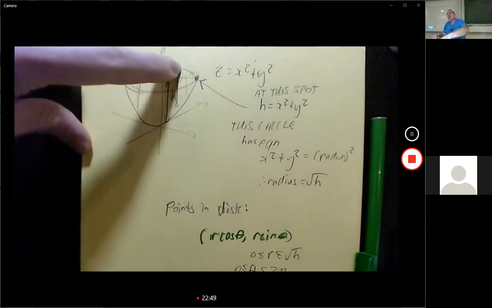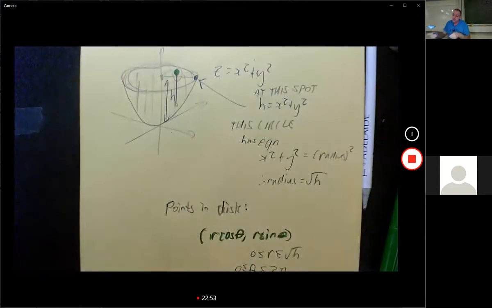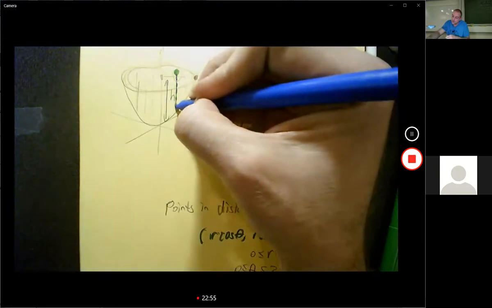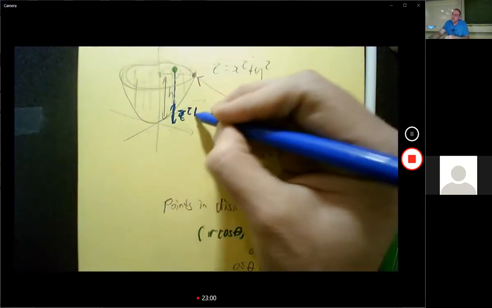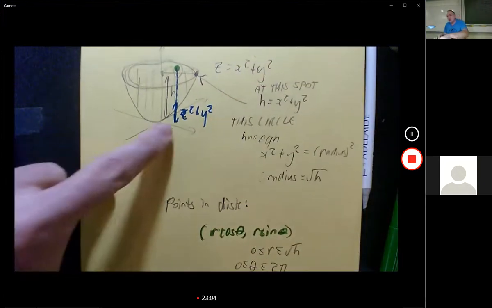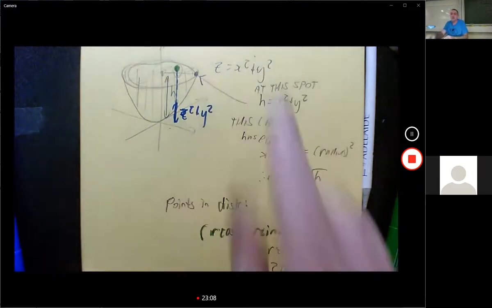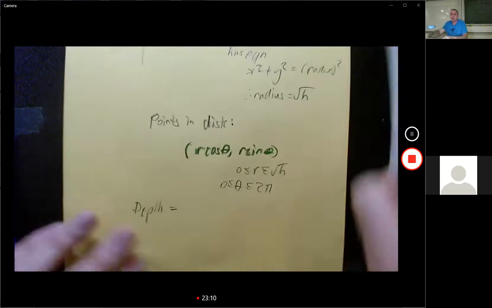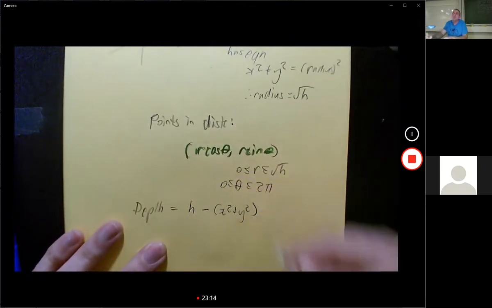It's at height h. And I was also told that the shape of this bowl is x squared plus y squared. So I'm going to go down here to the edge. That height there is the x squared plus y squared, because that's how high the bowl is above the bottom. That's what z equals x squared plus y squared means. And so the depth is the height minus the x squared plus y squared.